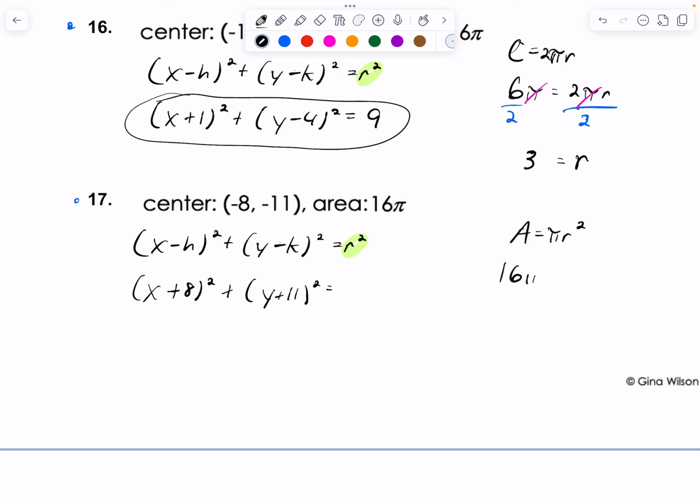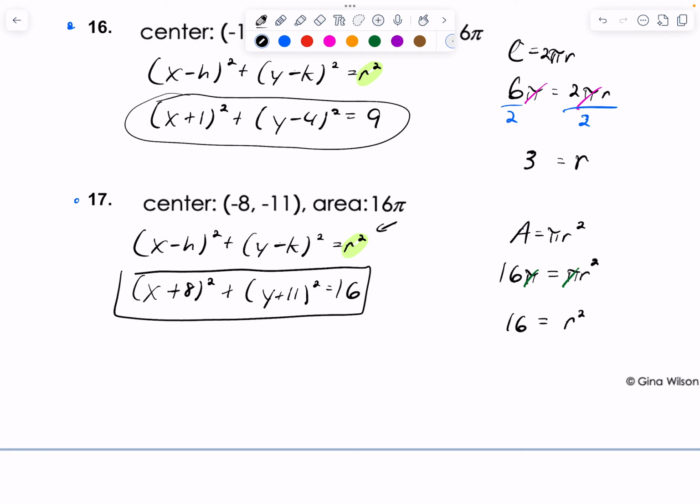So 16 pi equals pi times the radius squared. Again, like I did in the last one, I see pi, so I'm going to cross it out. Now you could find the radius by taking the square root of both sides, but I'm just going to leave it as the radius squared, because remember, from my equation for my circle, I do want the radius squared. So I'm going to go ahead and just leave it as r squared is 16 and replace that right there. So that is it for 17.